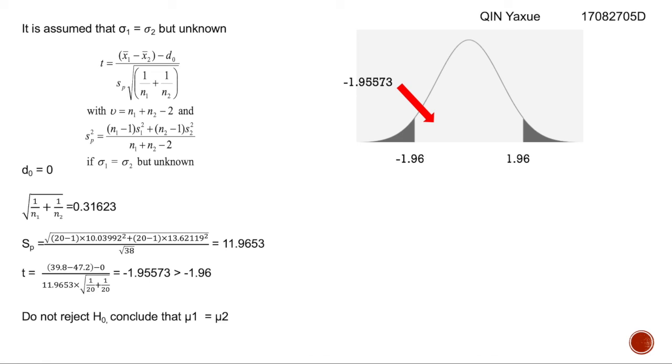So we can calculate Sp and get 11.9653, and then we calculate T and get the T value, which is -1.95573. Look at this graph. The T value is larger than -1.96 in this part. So we can draw our conclusion. We do not reject H0, the null hypothesis, and conclude that mu1 is equal to mu2.